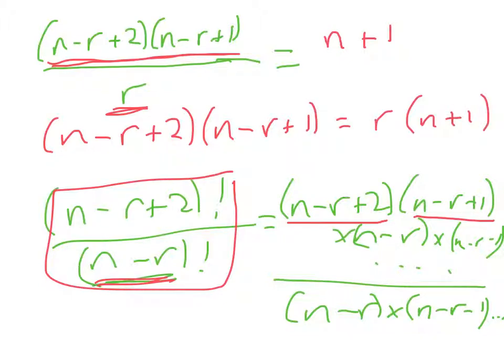Now remember, my goal eventually is to find an expression for n in terms of r and then check for integer solutions. So this is starting to look much better because I've got an n here and an n here, so that looks like a quadratic. And that's an expression with n in it. So my highest power of n is 2. So I'm maybe starting to think about the quadratic formula. But let's have a look at what we get when we expand it out.